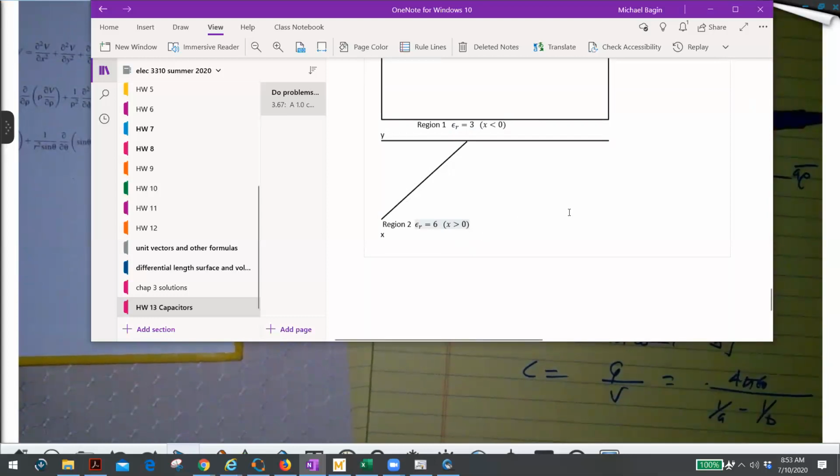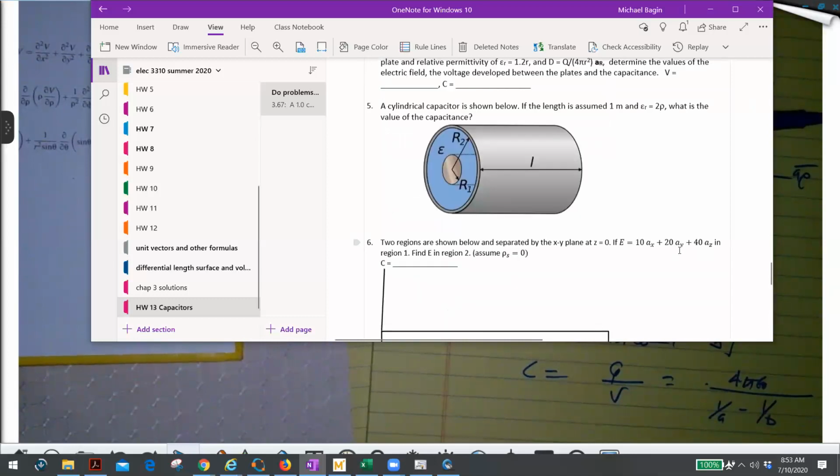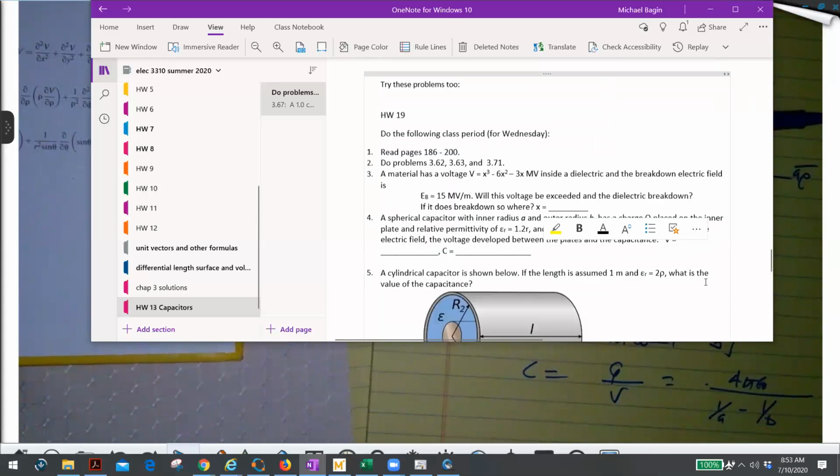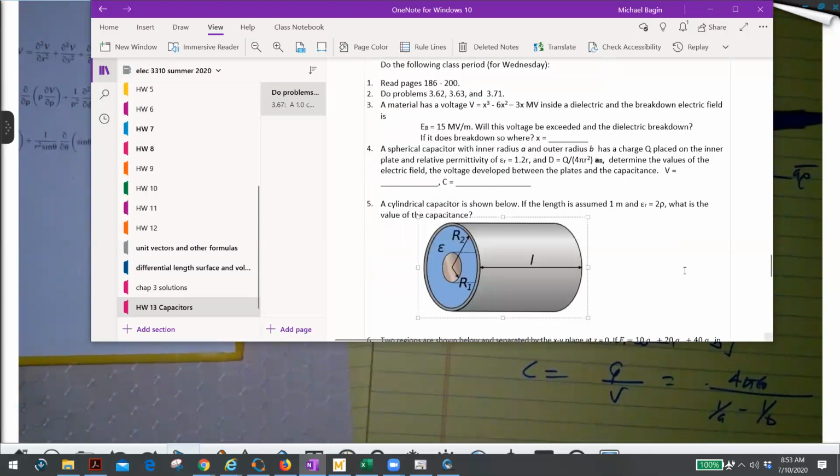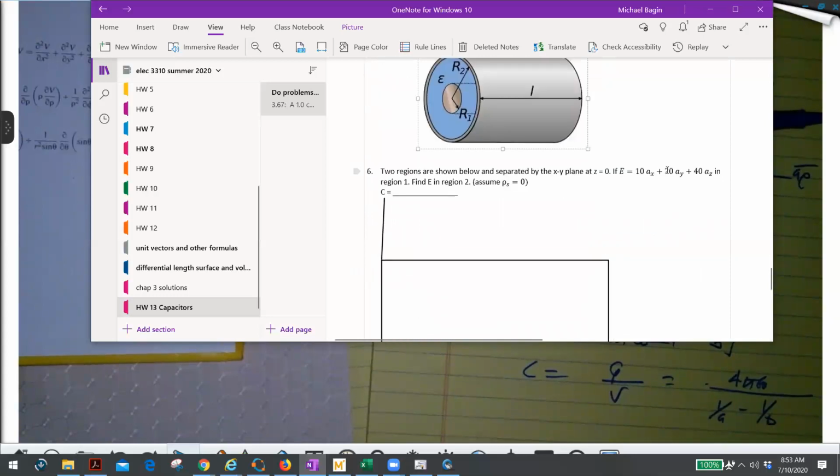That means the YZ plane is the tangent plane. And when you look at this, you can see this is the tangent component of the E field right there, right? That I highlighted in gray? Can you see this right here? The 20 a y plus 40 a z would be the actual tangent component, right?